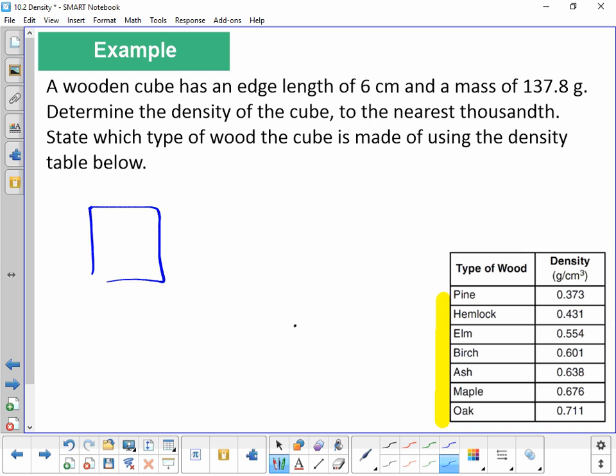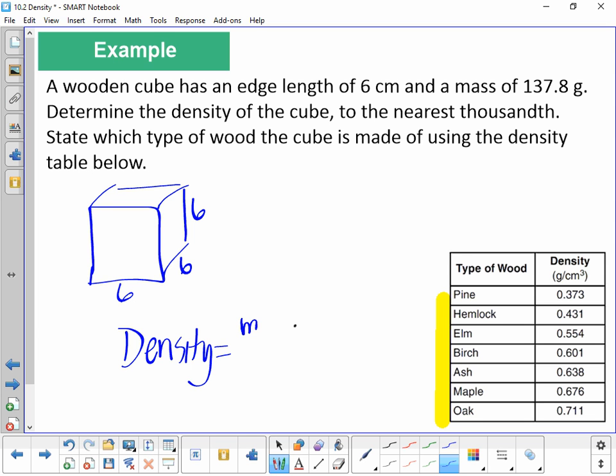We've got a cube, and each of the edges of that cube is 6. So to calculate the density, we need to know how much, or the mass, and we're going to divide by the volume.